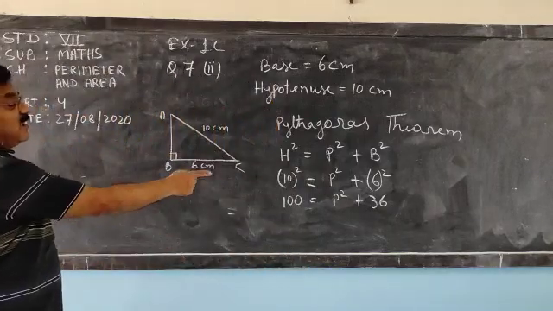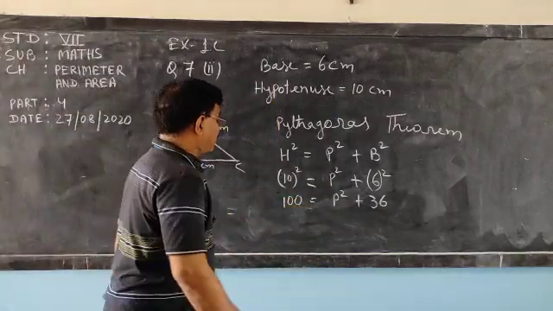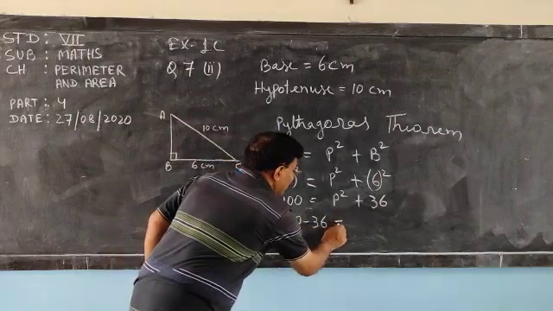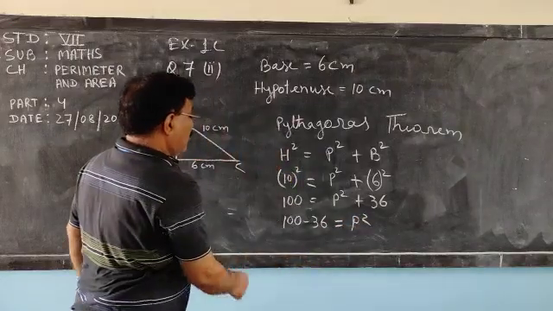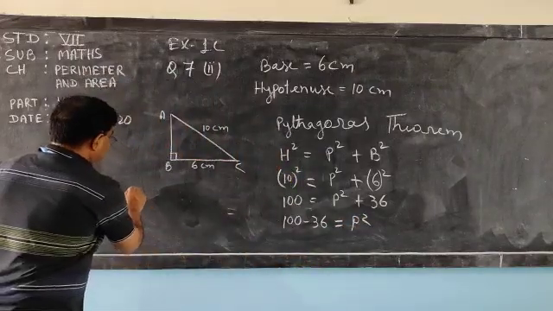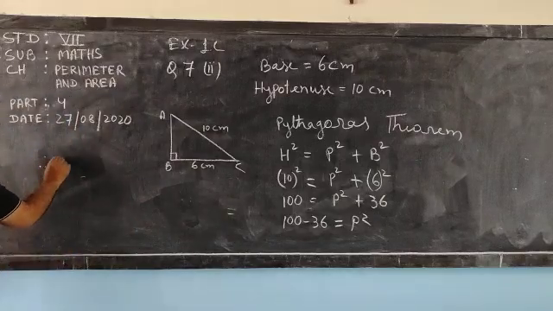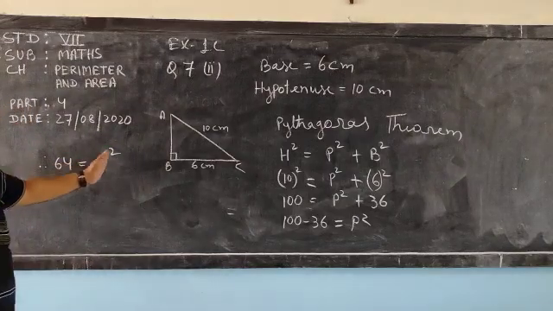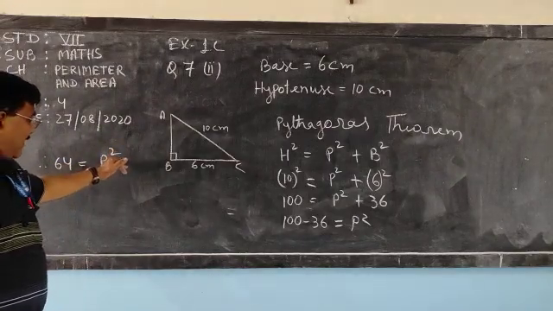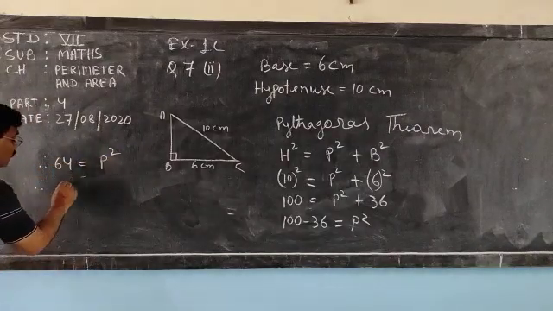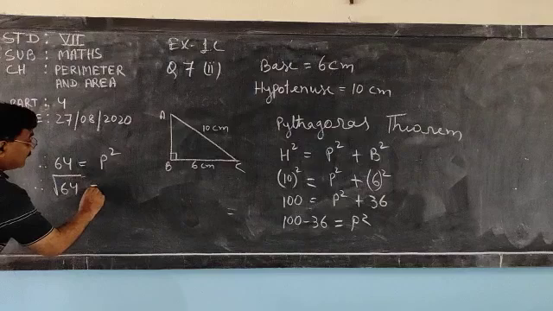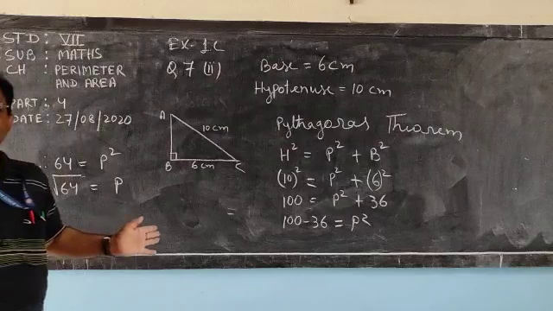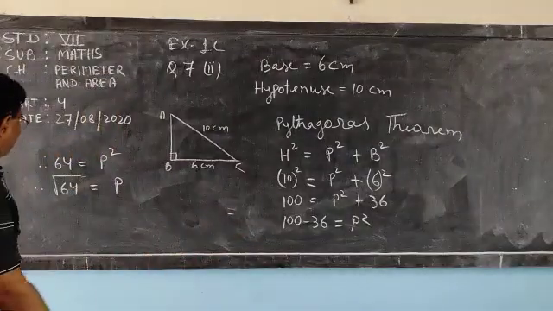Now let us solve it. Leave p square here. Then what will happen? 100 minus 36 is equal to p square, or it will be 64. 64 is equal to p square. And as I have told, if we remove the square from here, then root over 64 will be there. We know 64 means 8 square, 8 into 8.